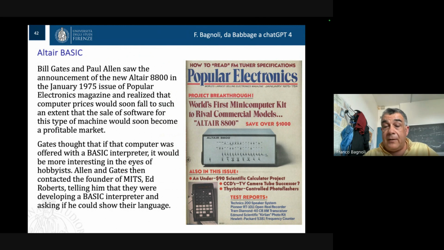But it was extremely popular, so it was sold in a lot of copies, and clearly Allen and Gates had already developed software. You remember, we left Bill Gates working on the PDP computers. On the PDP computers, he had an emulator of the 8080, and so he was able to develop the BASIC for this Altair.